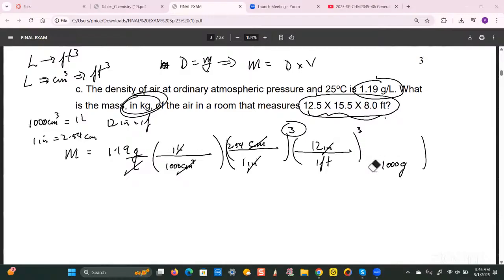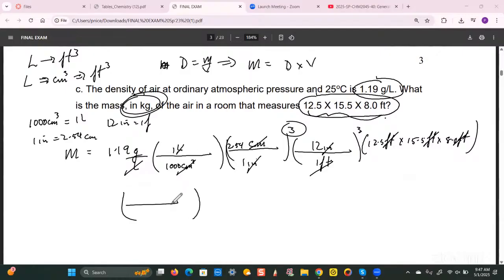I need to multiply by the volume, which is all of this right here. So let me write that down. I'm going to multiply 12.5 feet times 15.5 feet times 8.0 feet. So basically, this feet cube unit will cancel out these feet cube units here. So basically, you'll be ending up with your answer in grams, which now you have to convert to kilograms.